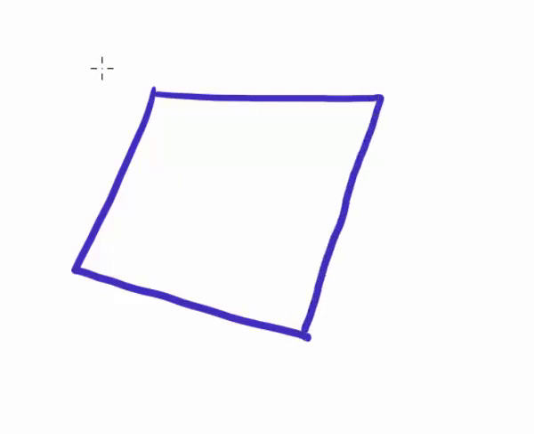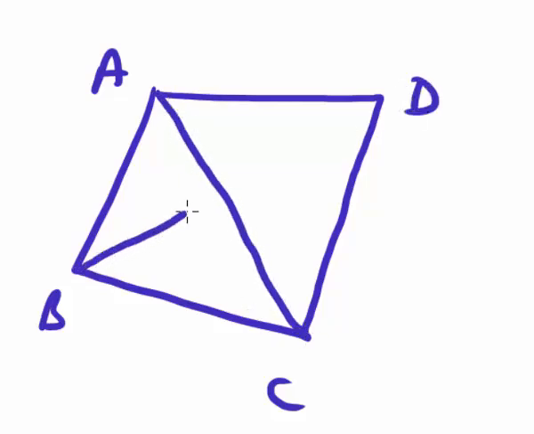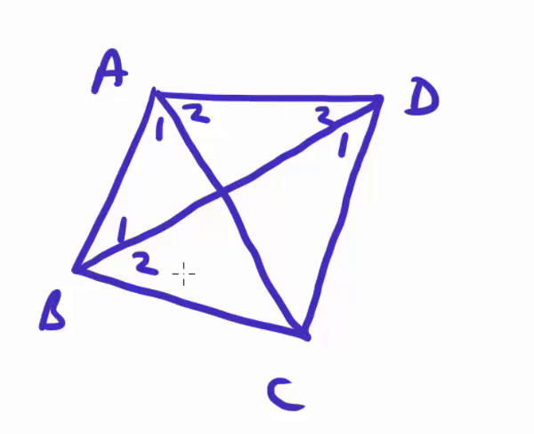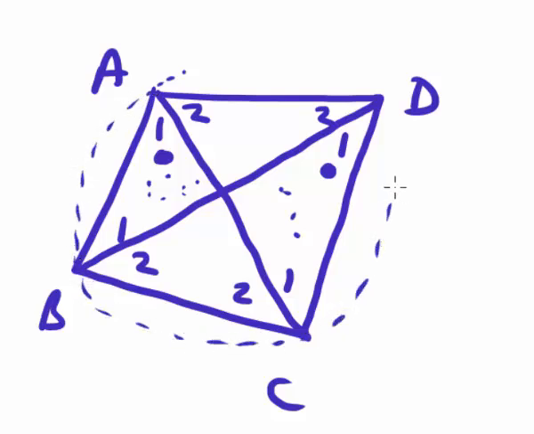Now another condition that you can use, which is very, very important here: if you've got a quad ABCD and inside the quadrilateral you draw the diagonals, and you call the angles A1, A2, D1, D2, B1, B2, C1, C2. If A1 is equal to D1, you've got a bow tie, little butterfly. If A1 is D1, then there's an imaginary circle that can be drawn around ABCD.